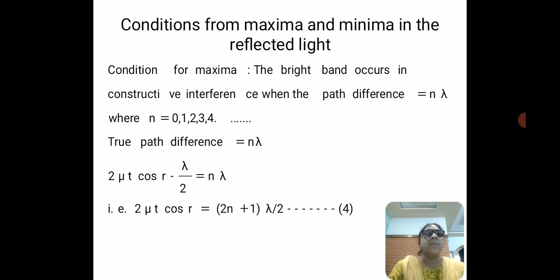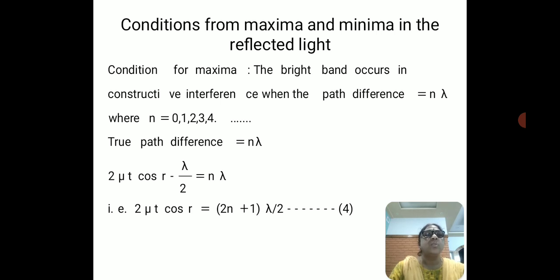Now, the conditions for maxima and minima in case of reflected light. We equate the path difference for a constructive interference condition and also for a destructive interference condition. For constructive interference, the path difference equals n lambda, where n equals 0, 1, 2, 3 and so on. The true path difference 2 mu t cos r minus lambda by 2 is equal to n lambda.